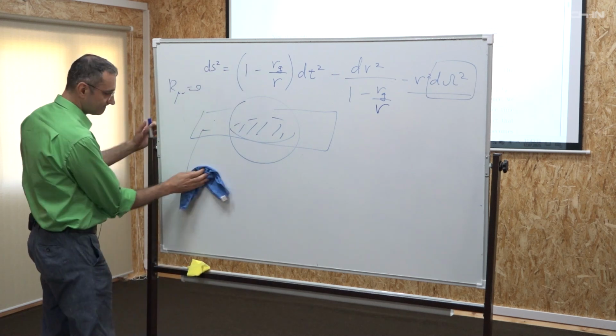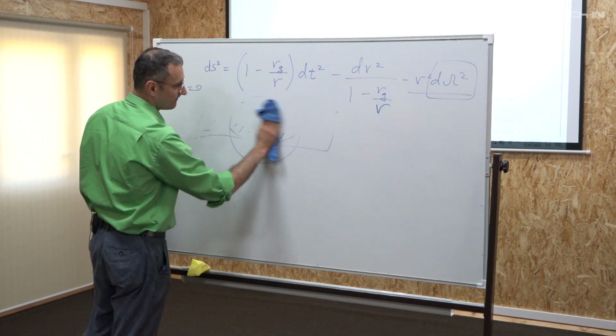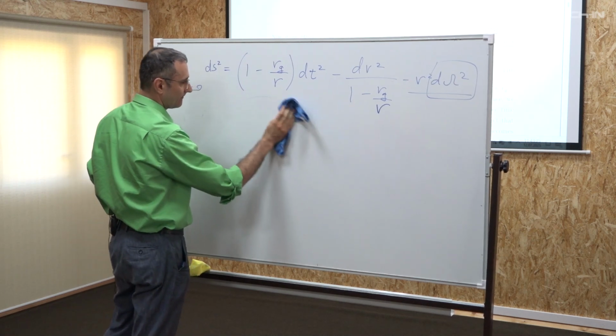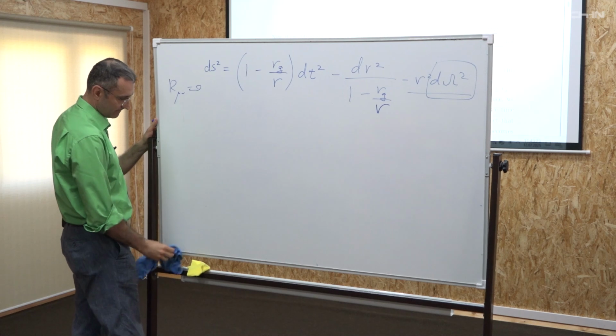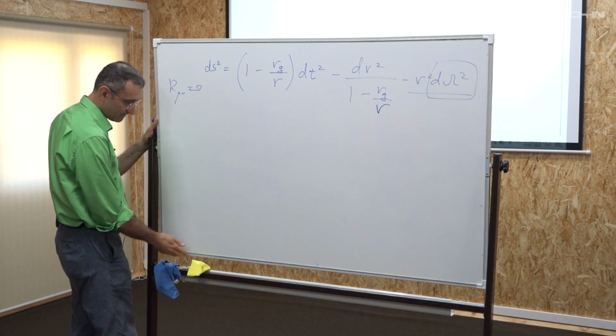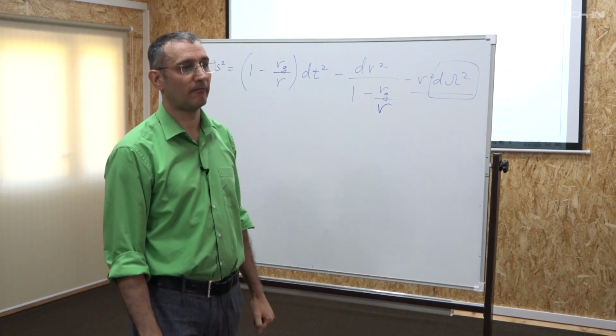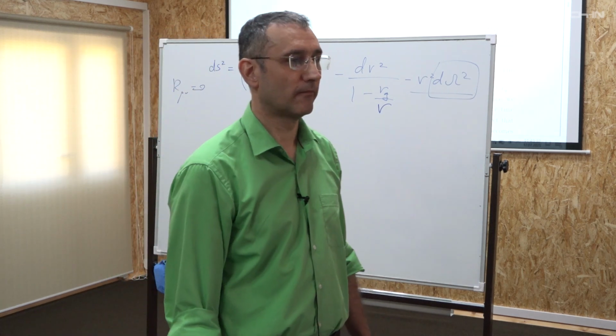It's clear. So the second one is about such metrics. For instance, we get some metric with singularities. How can we understand this singularity? What is the nature of this singularity?